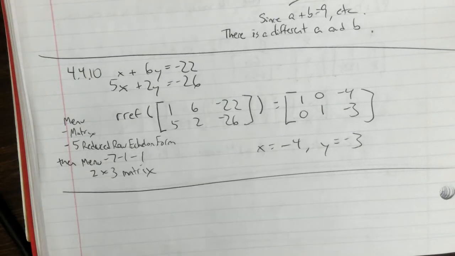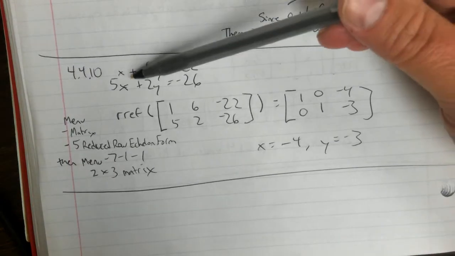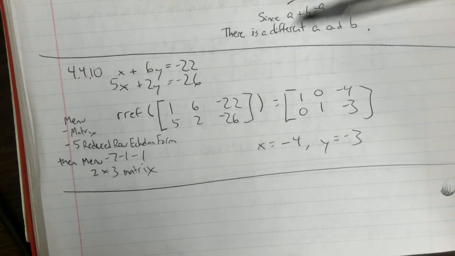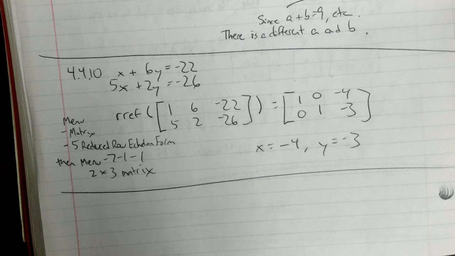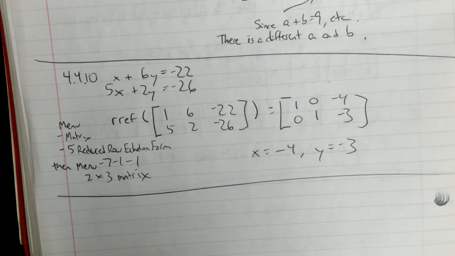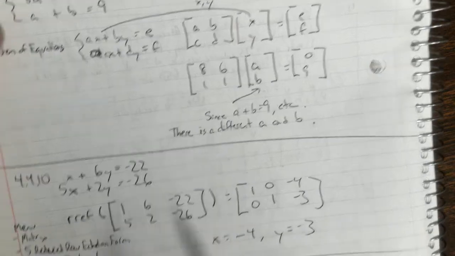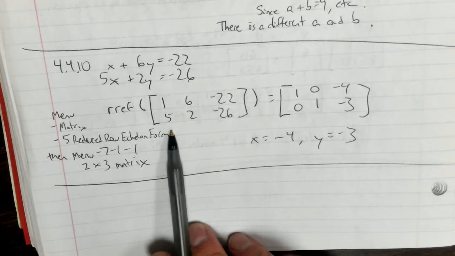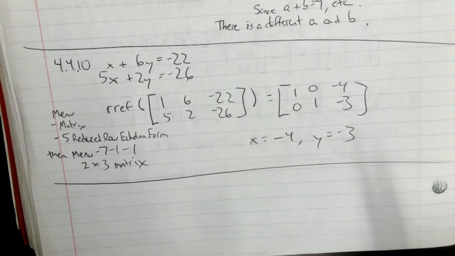For the next one, you have these equations, and I decided to test something and it works. So this is for your benefit. You can either do your inverse like we did before, or you can do RREF. It gives you the exact same answer.